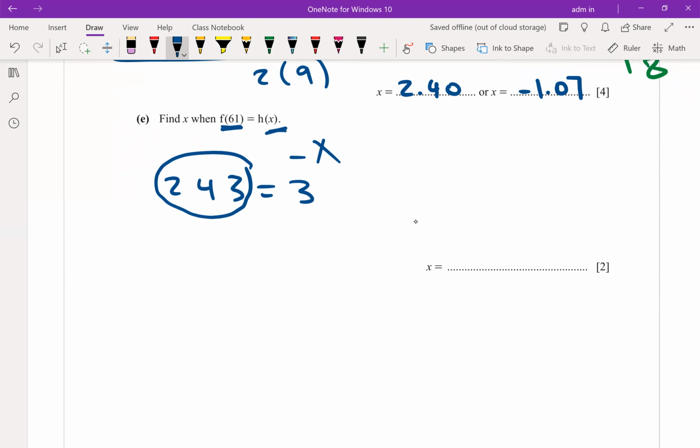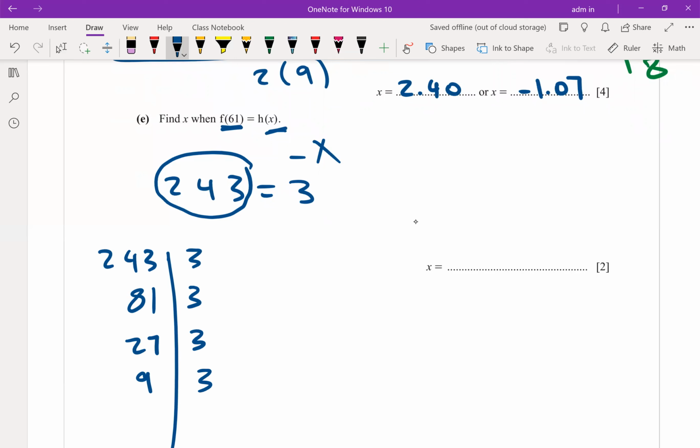If you want to be sure, work out by factorizing: 243 divided by 3 is 81. Divided by 3 is 27. Divided by 3 is 9. Divided by 3, 3. Divided by 3 is 1.